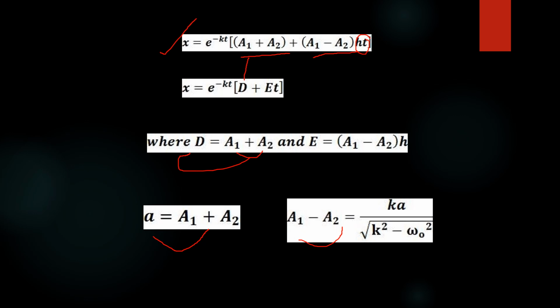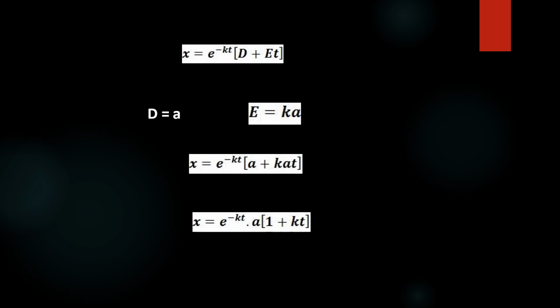So when you multiply a1 minus a2 into h, where h is root of k squared minus omega 0 square, you will get the value of e as ka. Since d is equal to a and e is equal to ka, you can write x is equal to e raised to minus kt into a plus kat. Now taking a outside as common factor, you will get x is equal to e raised to minus kt into a into 1 plus kt.